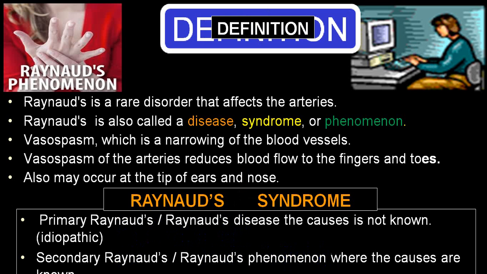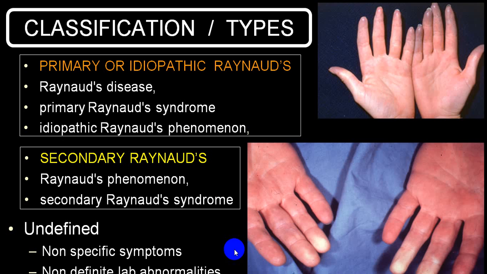Together we can call it primary Raynaud's syndrome or secondary Raynaud's syndrome. Usually, the terminology utilized is primary or idiopathic Raynaud's, and one of the most common causes of primary idiopathic Raynaud's we call Raynaud's disease.